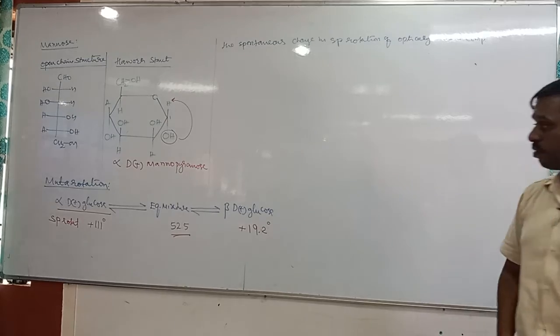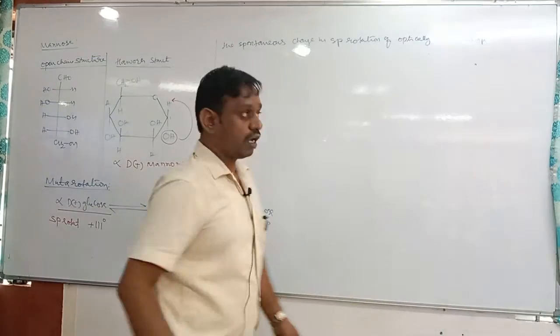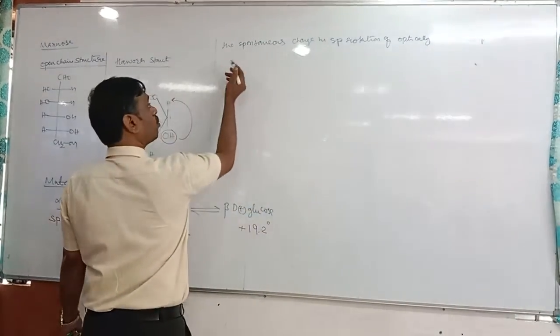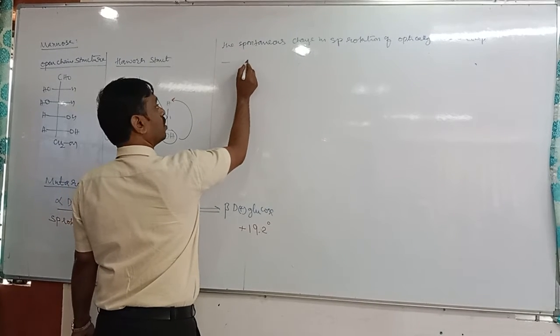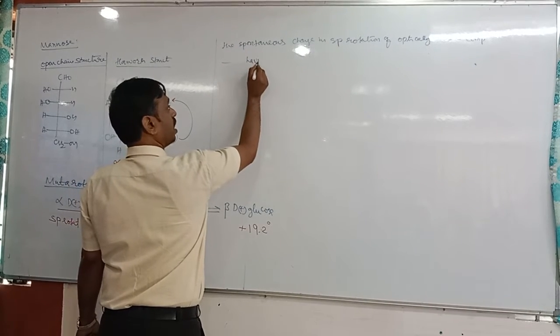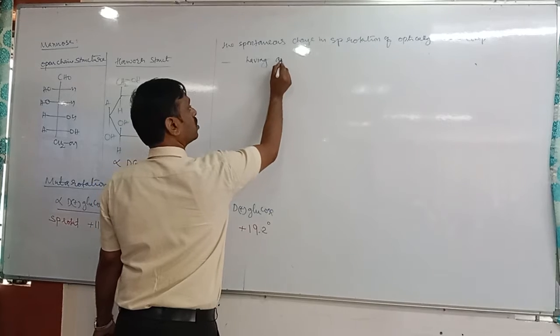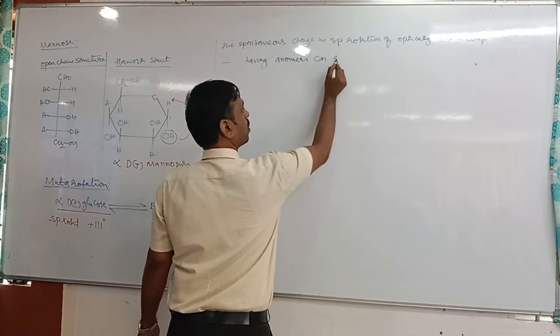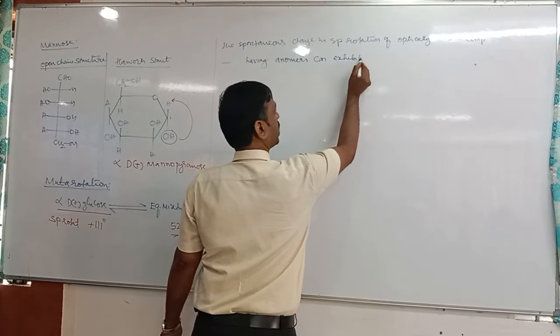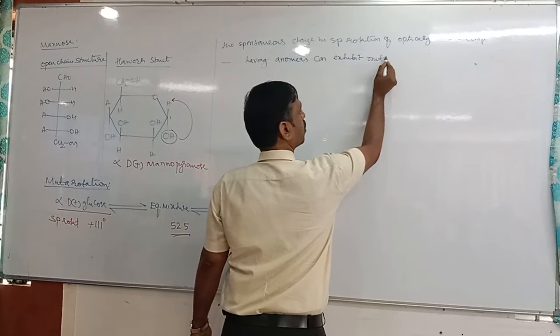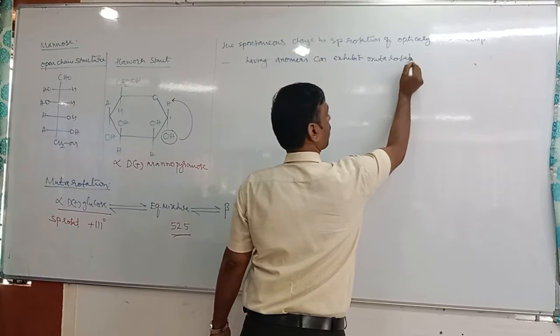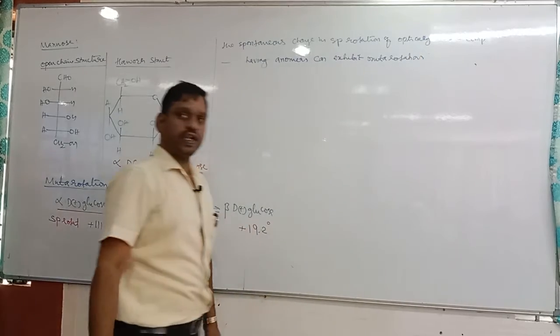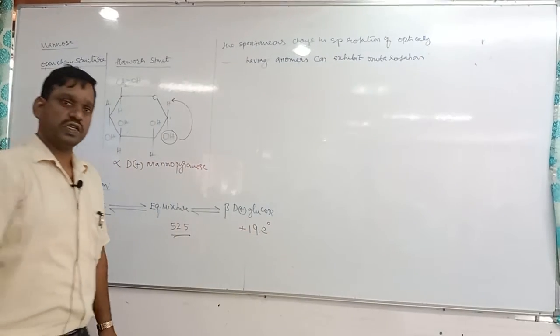Therefore, the condition for mutarotation is that carbohydrates have anomers. So carbohydrates having anomers can exhibit mutarotation. For mutarotation, the anomeric carbon is a must.